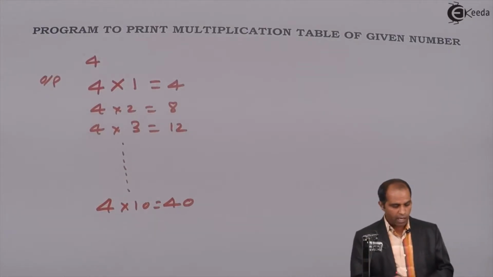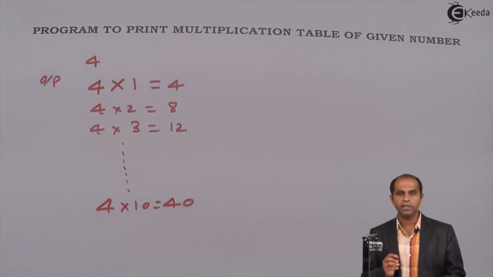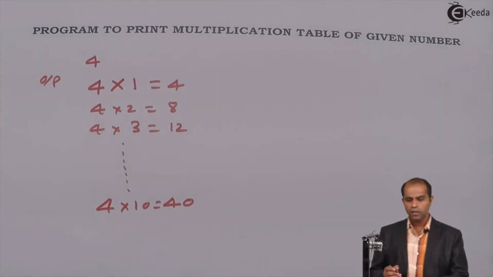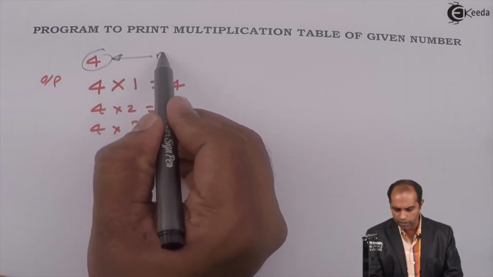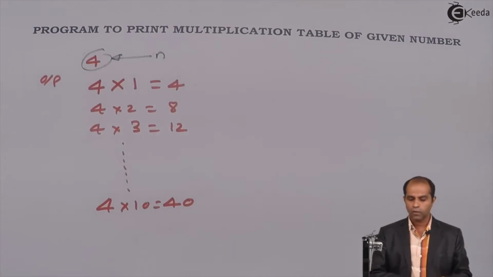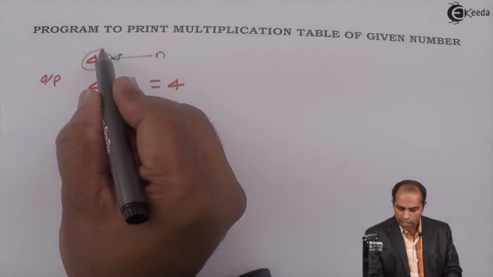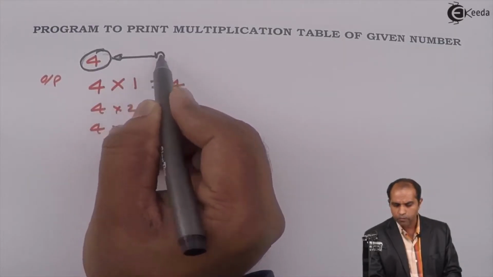So what I need to do is generate the multiplication table of any given integer number up to the value of 10. As usual, this is going to be our input. Let's assume this as variable n. So let's ask the user to enter the input and read this input as n.